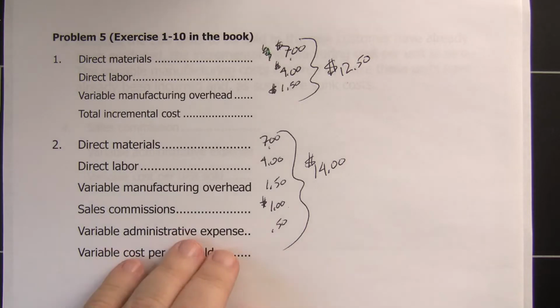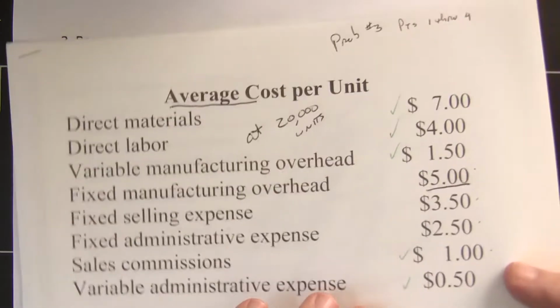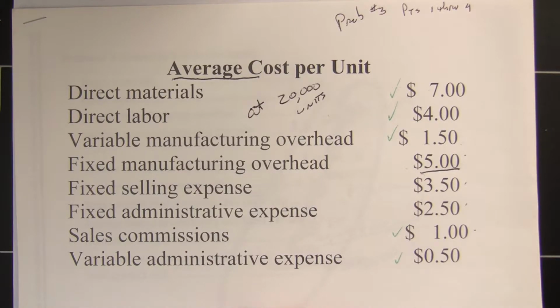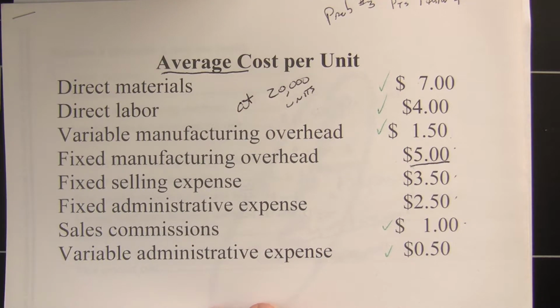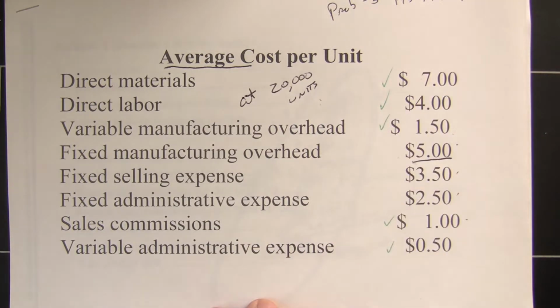Now, the next two questions are getting towards what makes this course interesting. They ask, what happens if they produce 20,000 units? So they've already produced the 20,000 units, and these are the costs for those 20,000 units.